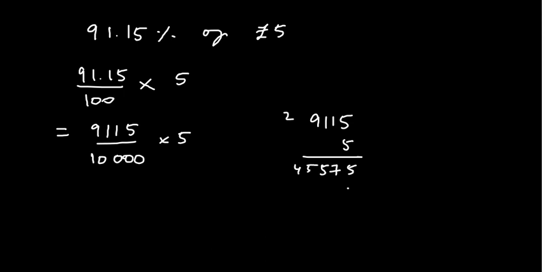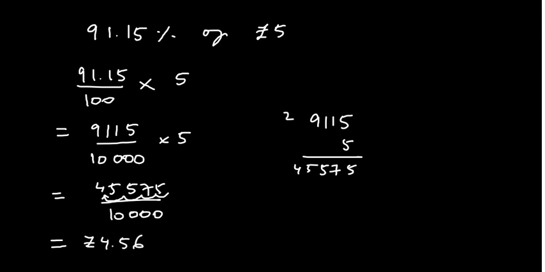So that would be 45,575 divided by 10,000, and we just move the point 4 times to the left, so that becomes 4.5575. So in pounds that would be 4.56, or £4.56. And that would be the answer.